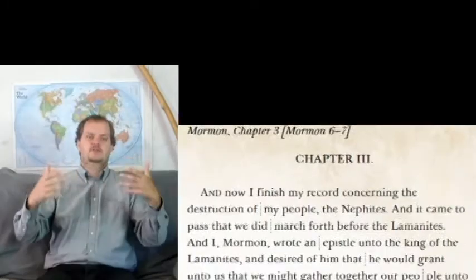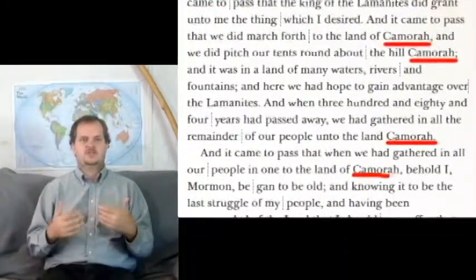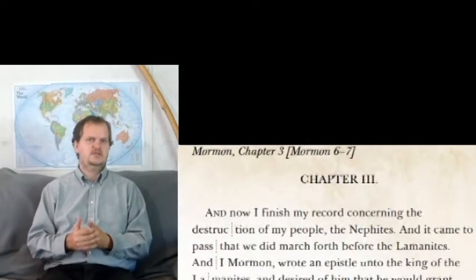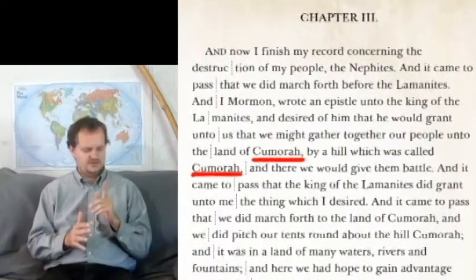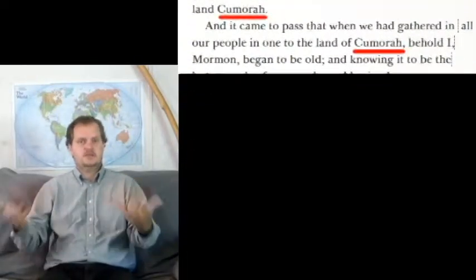Now, they do point out that the spelling for the name Camorah in the 1830 edition of the Book of Mormon was spelt with an A instead of a U. But again, does it really matter? By the time of the second edition, I believe in 1835, might have been 1837, Joseph Smith had corrected it.